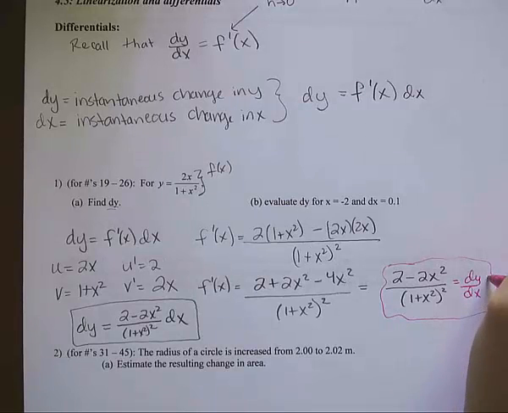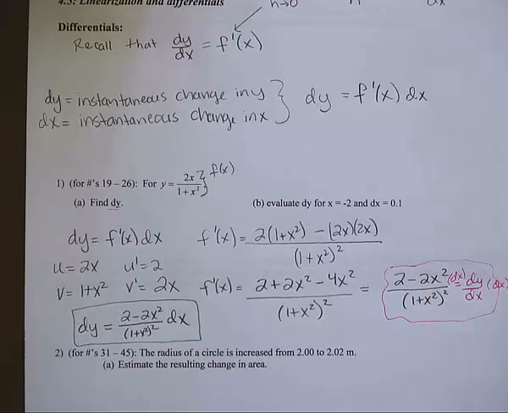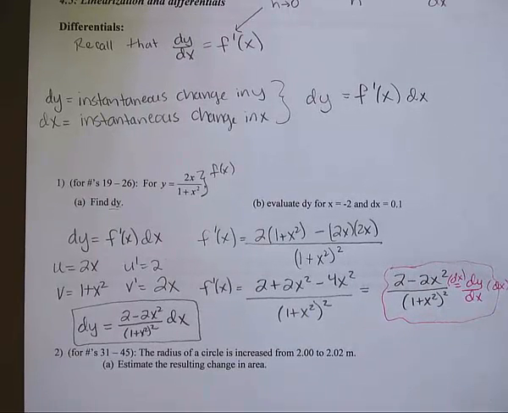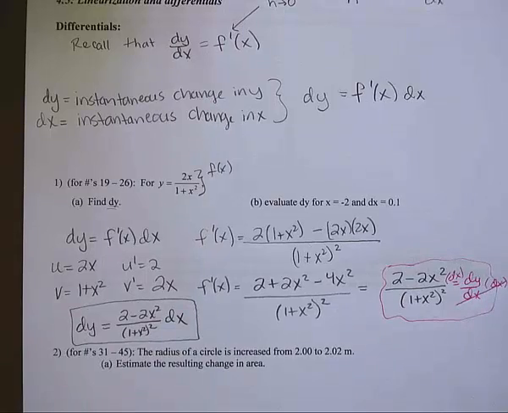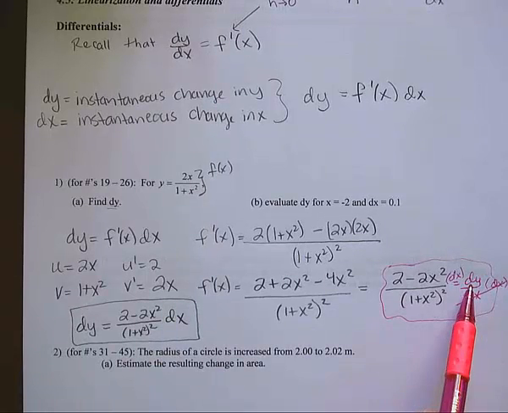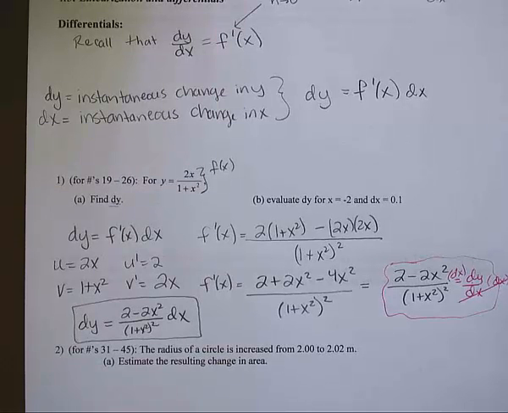And so it's kind of like the dx, in a sense, has just been multiplied to both sides. We don't like to think of it that way, but in a sense that's what's happening. It's like dy dx times dx causes the dx's to cancel, and so then dy is just equal to the derivative times dx. Now let me show you in this part B why that could be useful.